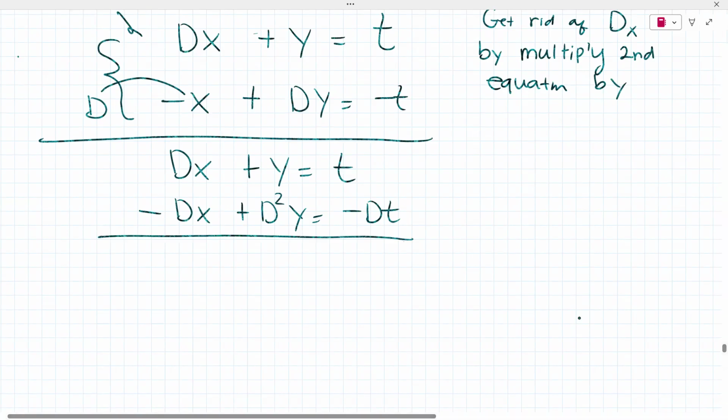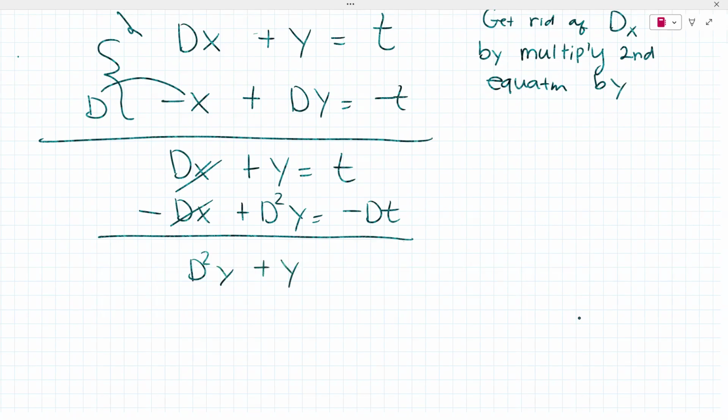If you add them up vertically, dx and negative dx cancel. Y plus d squared y, you can't combine them, right? This is the second derivative. So it's just going to be d squared y plus y equals t minus dt.